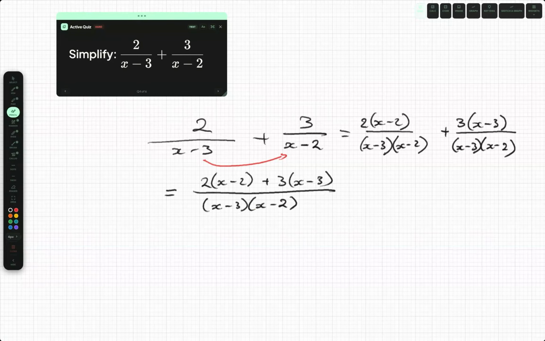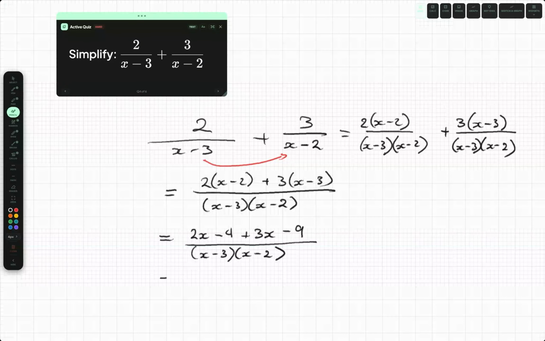Okay, in this state, we're going to expand our brackets. All right, so 2 times x is 2x, and 2 times negative 2 is minus 4. And then 3 times x is going to be plus 3x, and then minus 9. Okay, now we just need to add our like terms.